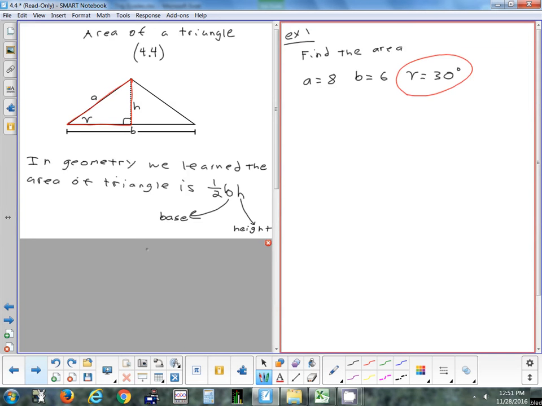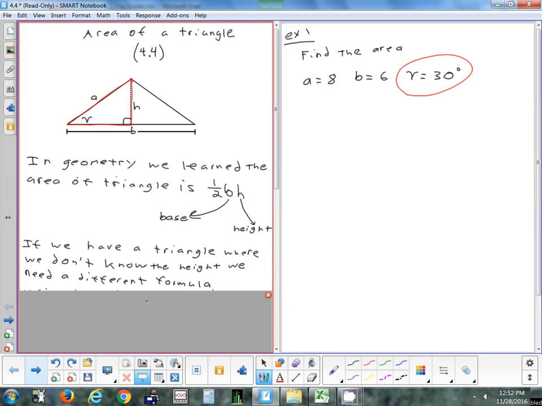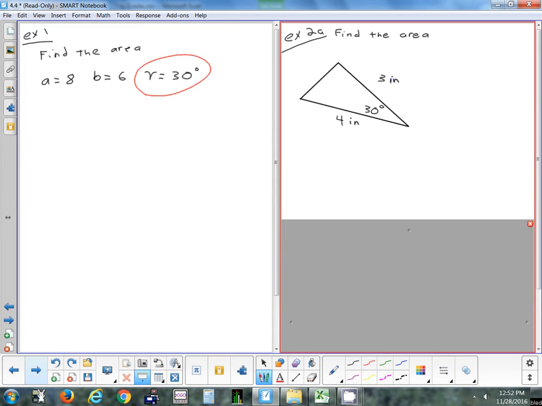So we're going to come up with a different formula that's going to allow me to plug those numbers in. If you've got a triangle where you don't know the height, you need a different formula. Here's a diagram of a triangle where you don't know the height in example 2a.